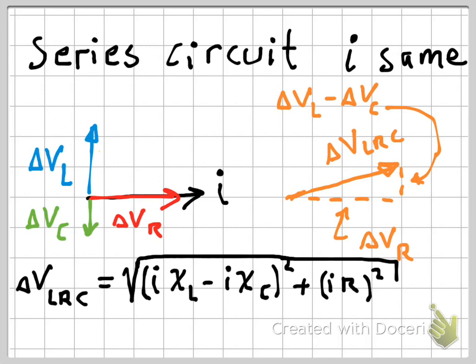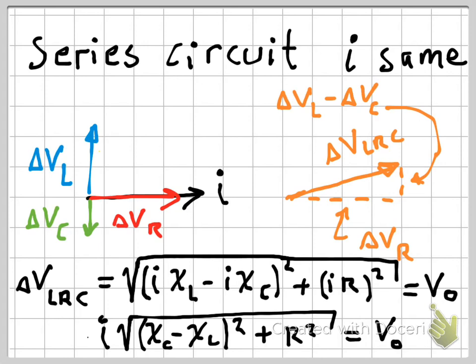We subtract those two, square it, and add to that the voltage of the resistor, which is simply the peak current times the resistance. We take the square root of that, and that gives us the peak voltage of the inductor, resistor, and capacitor together, which should be equal to the peak voltage of the AC power source.